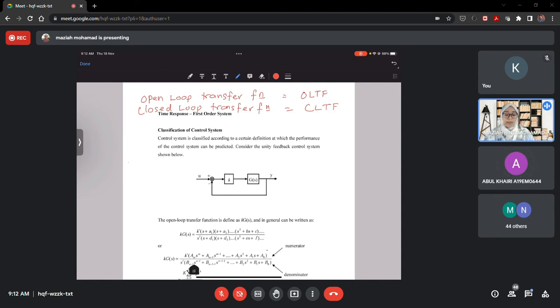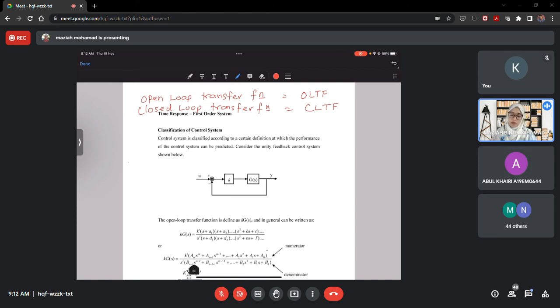The other one is open loop transfer function. Examples of analysis that use the open loop transfer function are stability analysis, Bode diagram, Nyquist, root locus, and all that. So you will need to know how to get a closed loop transfer function of a system, and also the open loop transfer function for a system.